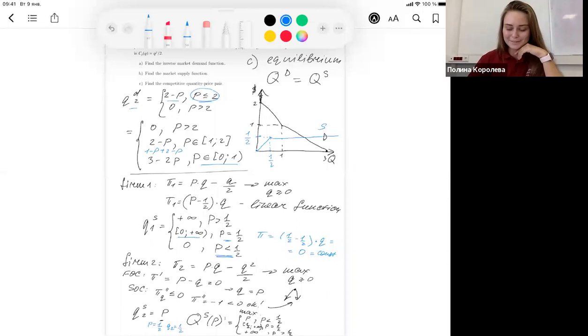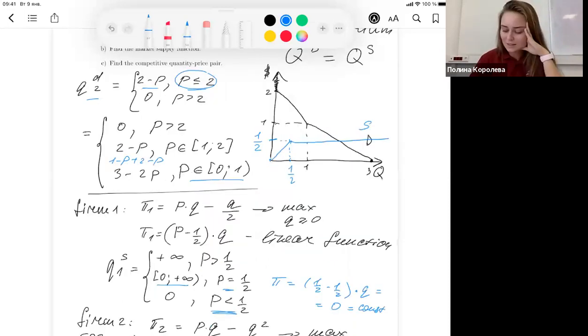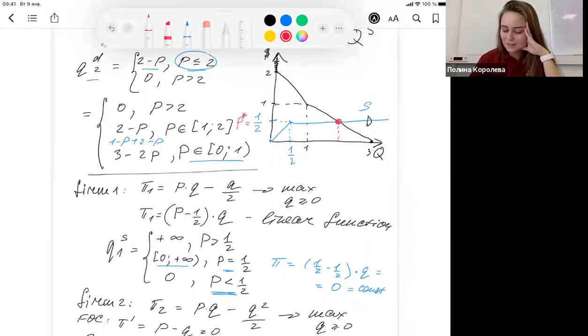So, with equilibrium we have here, and we exactly see that the equilibrium price will be equal to 1/2. Which interval should we use for demand, where it crosses price equals 1/2? The last one.